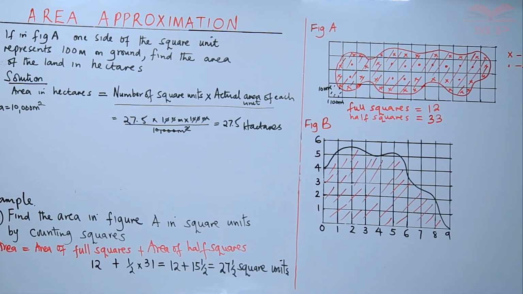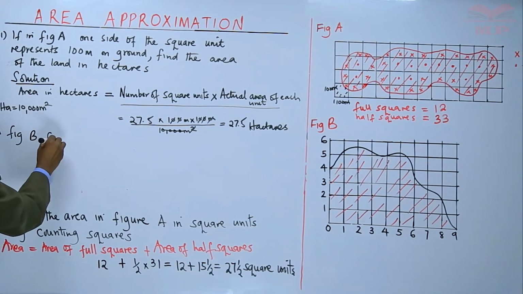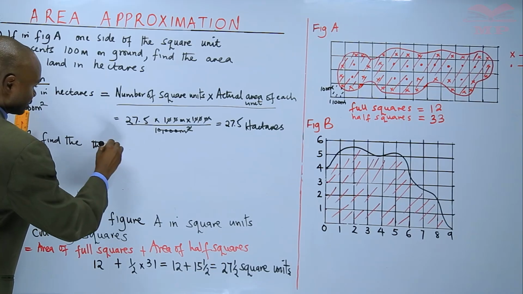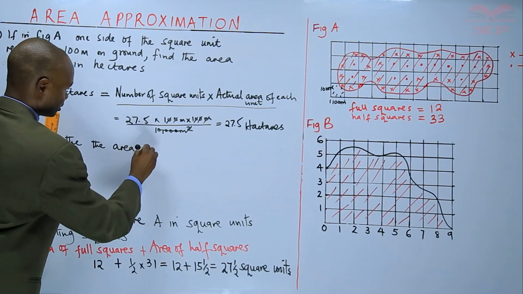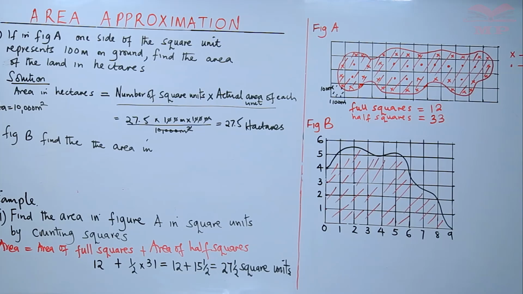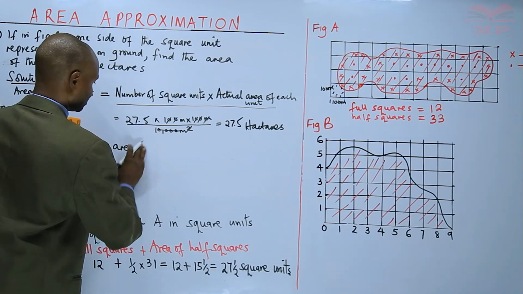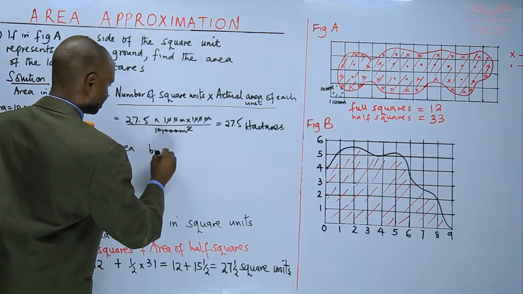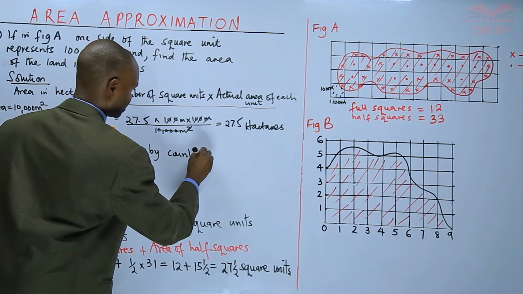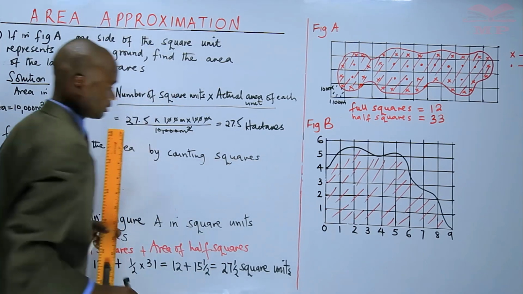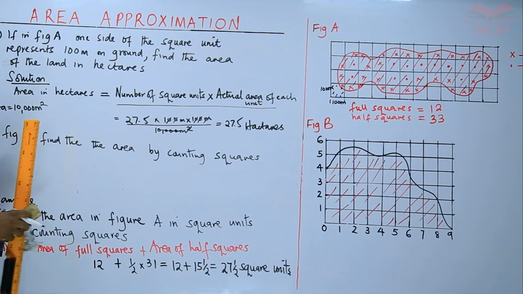So number 2, in figure 2b, find the area by counting squares. Find the area by counting squares.